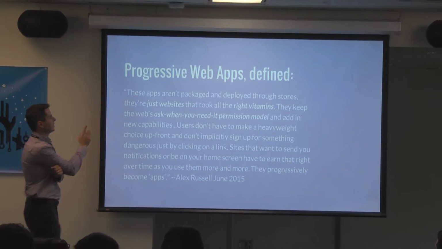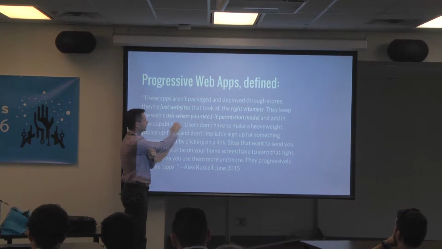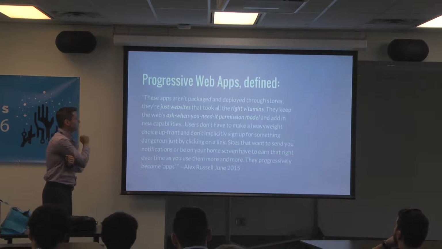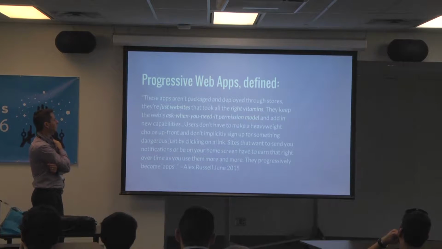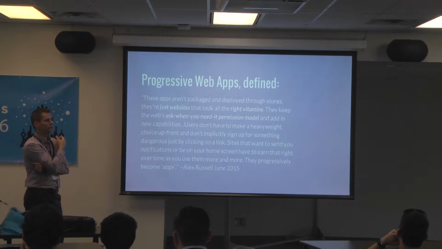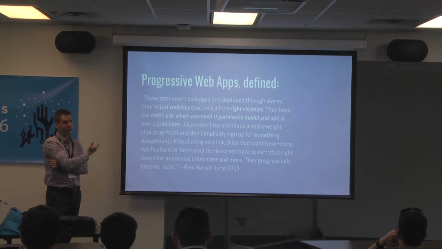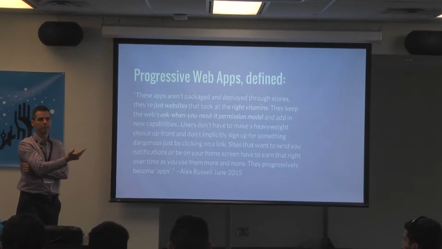And these are websites that took all the right vitamins. So they keep the web's ask when you need a permission model, and they add in new capabilities. He goes on and says, users don't have to make a heavyweight choice up front and don't implicitly sign up for something dangerous just by clicking on a link. The web has succeeded above all other platforms because of its installation and update mechanism.